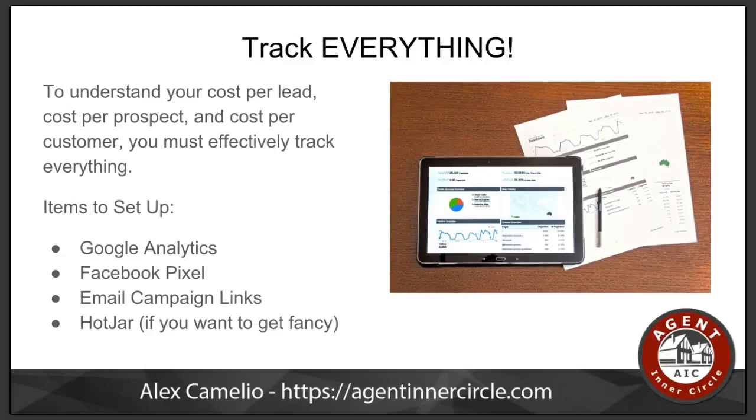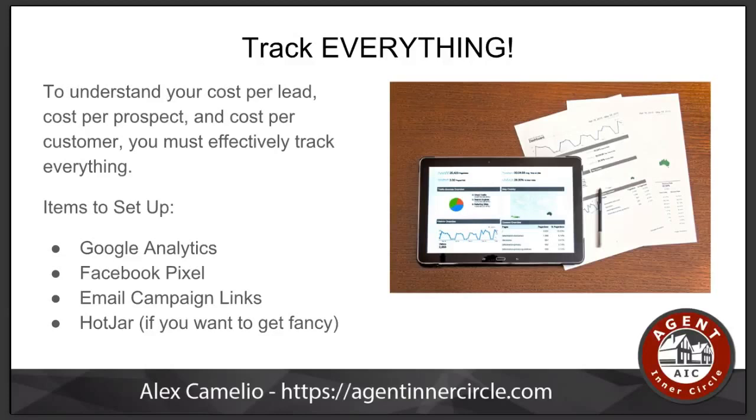The Facebook Pixel allows both Facebook as well as you to track leads and lead conversion from online right through onto your site. If you don't have that set up, I would absolutely do so. If you are going to implement a lot of this stuff, it's very necessary to really start understanding your costs per lead.